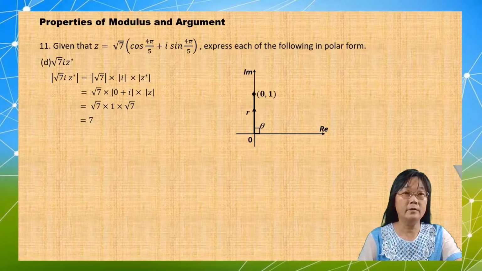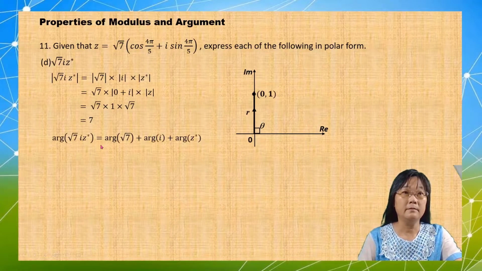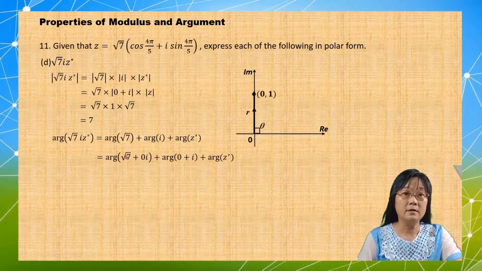As for argument, based on the properties of the argument, the argument is equal to argument of square root of 7 plus argument of i plus argument of conjugate z. For square root of 7 and i, when we write them in Cartesian complex number form, x is square root of 7, y is 0.